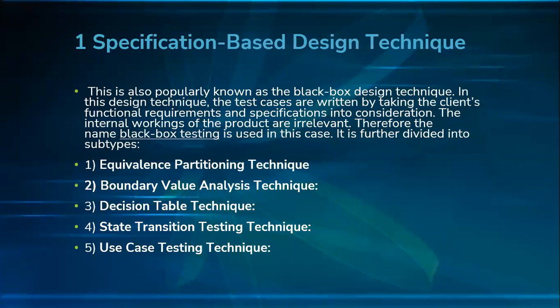It is necessary that you have an understanding of these techniques. The first one is equivalence partitioning. The second one is boundary value analysis. The third one is decision table technique. We've got the state transition testing technique, and we've got the use case testing technique.